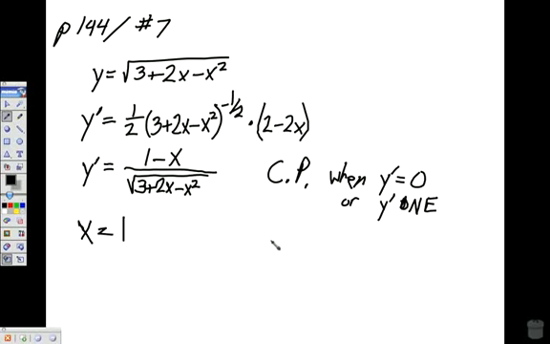So what we're really trying to decide is, when does 3 plus 2x minus x squared equal 0? It's a quadratic equation. You can use the quadratic formula on it if you want. That's not a bad idea to make sure that you've got that memorized. Or we can factor it.